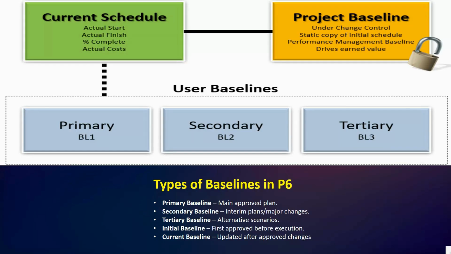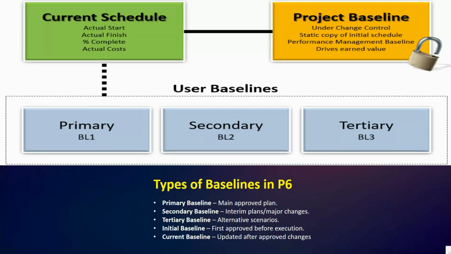Okay, after that we have the initial baseline, the very first approved plan before execution begins. Last we have the current baseline, updated after approved changes. So the latest approved plan, updated after the formal changes have been incorporated.